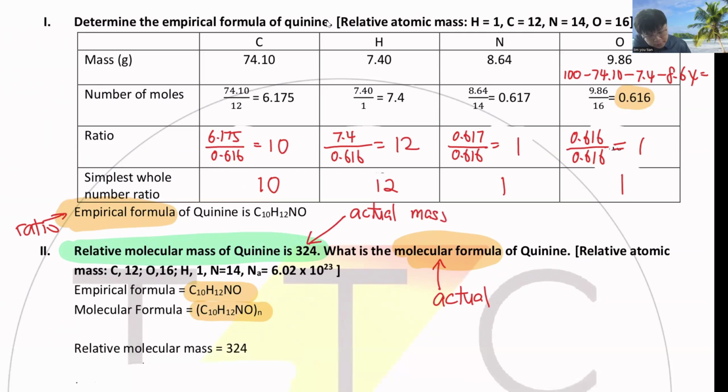So now the next step, I put in the actual formula equal to the actual mass. The actual formula is C10H12NO bracket n, so the actual one.